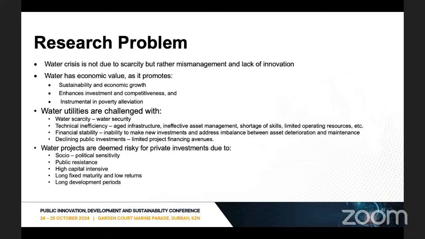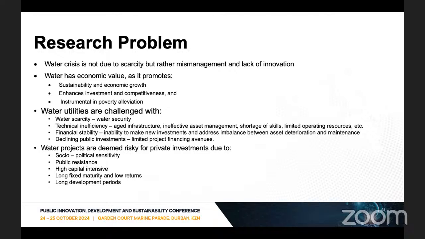There are also technical inefficiencies that add to the impact of the challenges, maybe aging infrastructure, ineffective infrastructure asset management, shortage of skills, limited operational resources, and so on.